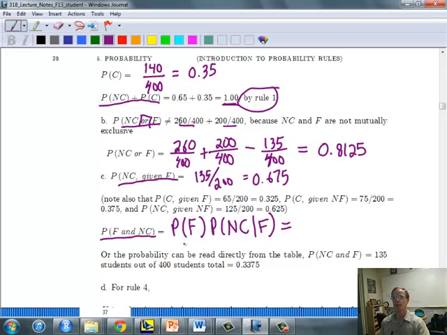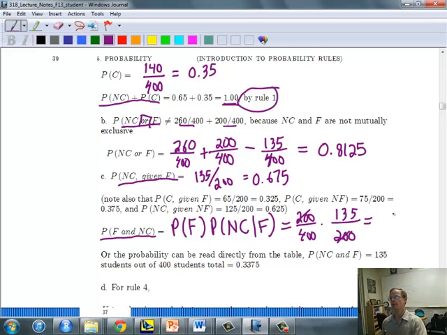So, the probability of phi, okay, phi is 200 out of 400, and no change given phi we just completed, which was 135 out of 200.